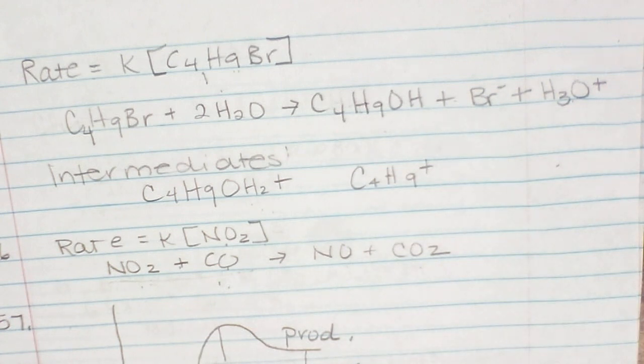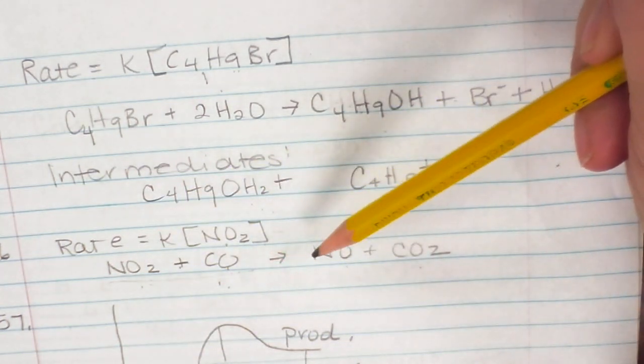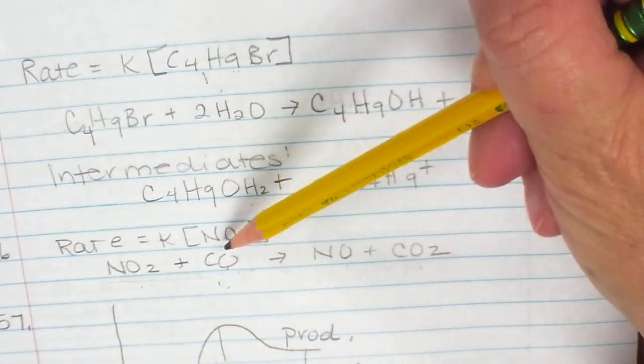Okay? Does that make sense? So again, you have to be told it's an elementary step, or you have to have the slow and the fast steps so that you cancel out the intermediates, cancel out your catalysts. You have to know ultimately what is involved in these steps. And this is a good example.